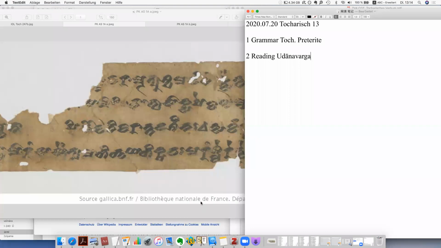It was brought back to Paris by the famous Paul Pelliot. This is PKAS, number A1, from the Pelliot collection.